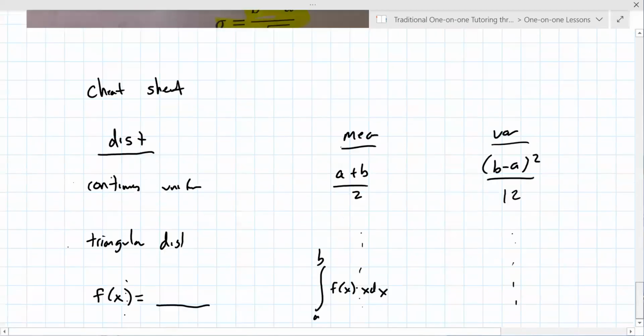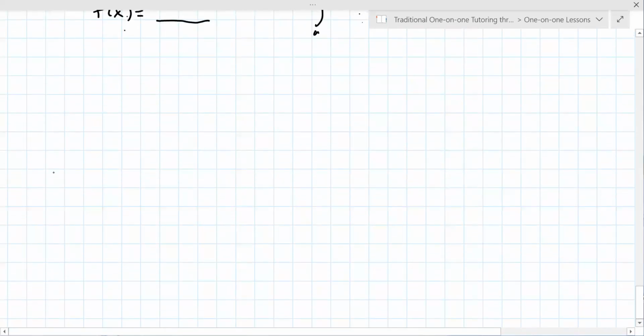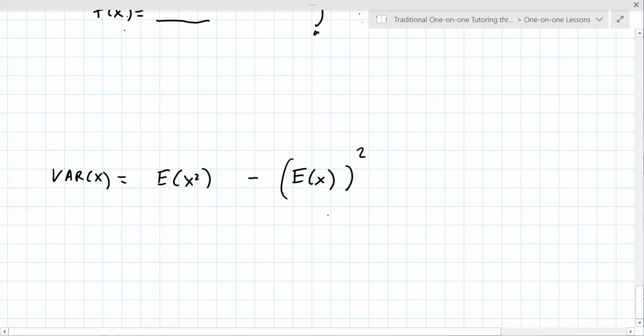So the variance of x, we should talk about that really quickly here. The variance of x is the expected value of x squared minus the expected value of x, all squared. And this right here is the mean. That's the number you just came up with.